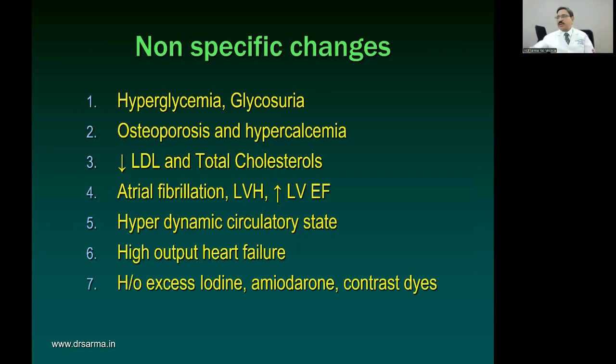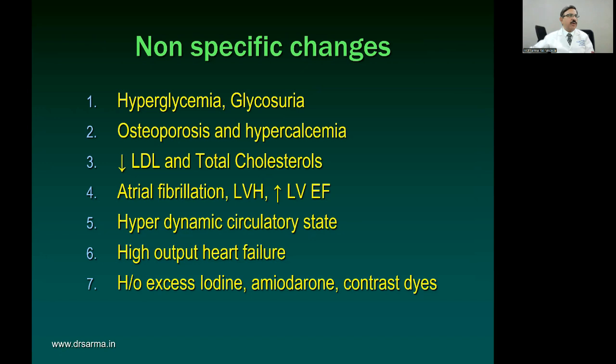Okay. And now we have discussed those which are general, those which are specific to Graves' disease, and those which have non-specific changes we are going to discuss. Non-specific metabolic changes. Hypermetabolism produces hyperglycemia, glycosuria, secondary diabetes mellitus, osteoporosis, hypercalcemia. Hypothyroidism gives high LDL, hyperthyroidism low LDL, and total cholesterol also low. Atrial fibrillation, left ventricular hypertrophy, left ventricular ejection fraction is increased.